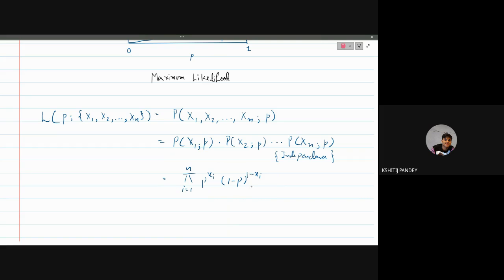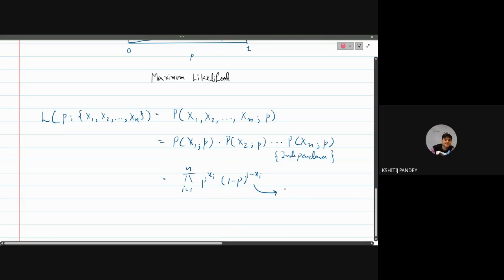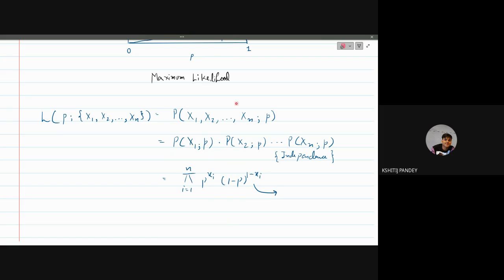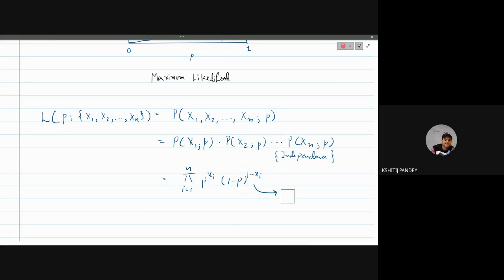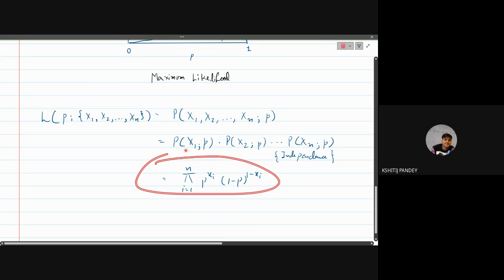You can decode this. If your xi is equal to 1, in that case this entire thing will be just p. And when your xi is equal to 0, this entire thing will just be 1 minus p. That you can check. So now we want to maximize this value. That's our goal.